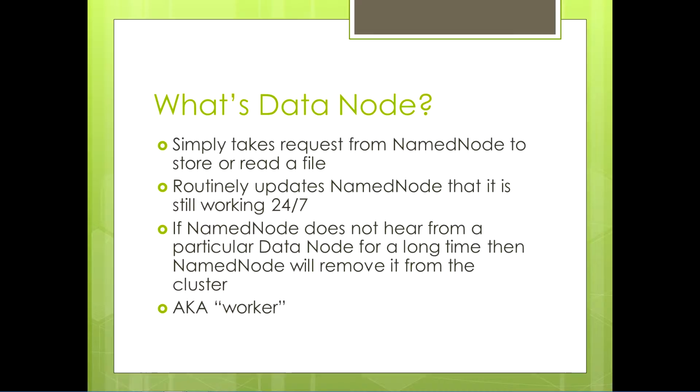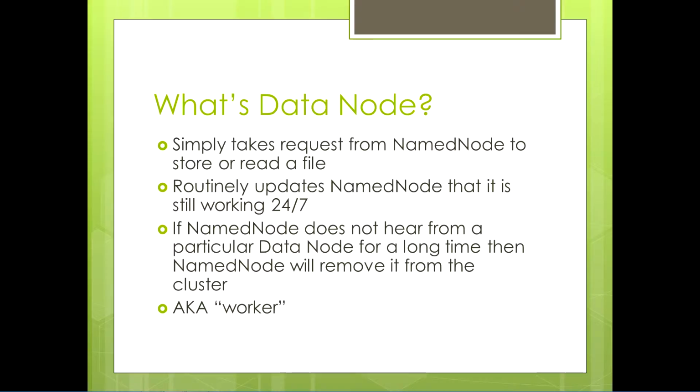Yeah, so data node is just a simple processor that listens to the name node to store or read a file. And it routinely updates the name node that it is still working 24/7. If the name node does not hear from a particular data node for a long time, the name node will remove it from the cluster because it's going to think that worker is no longer working.